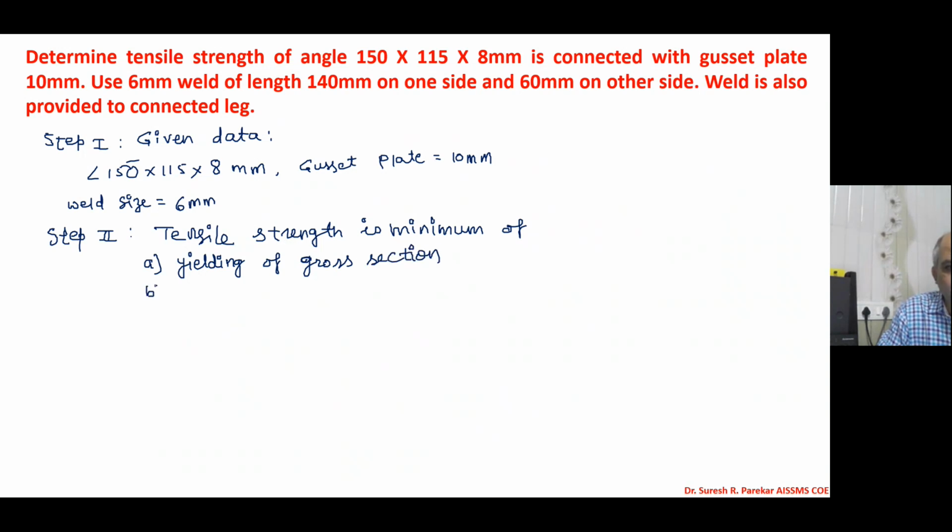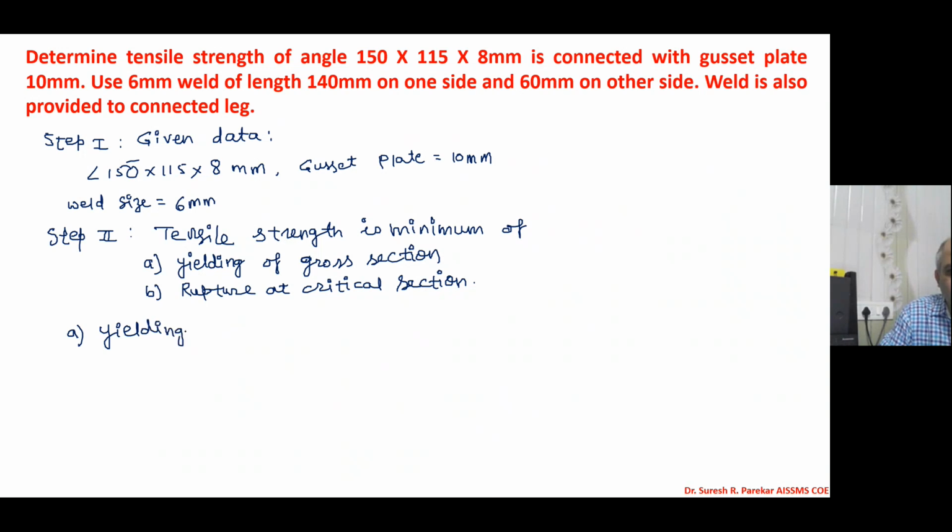And B, rupture at critical section. So now we will go with this A part, yielding of cross section.